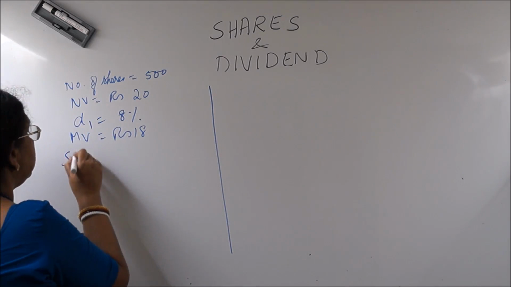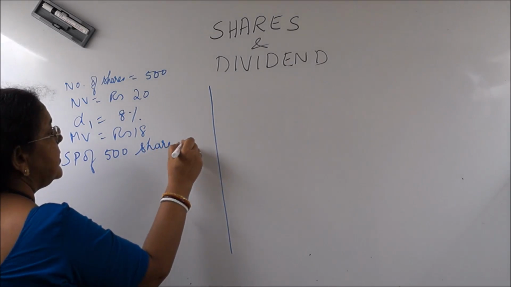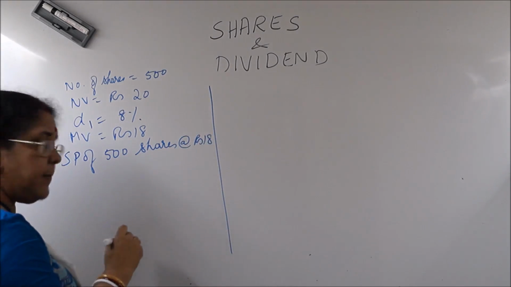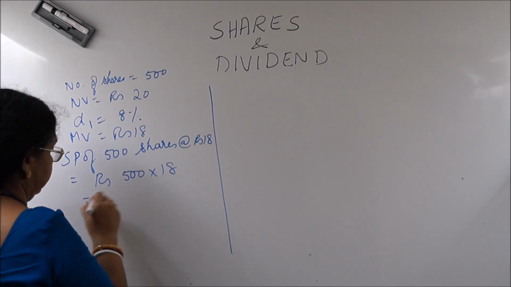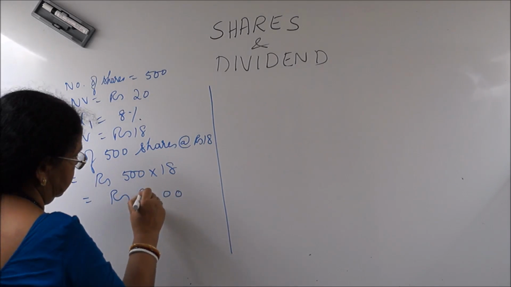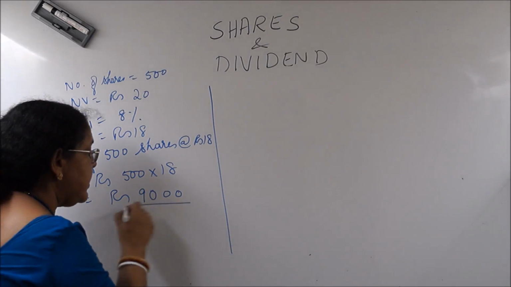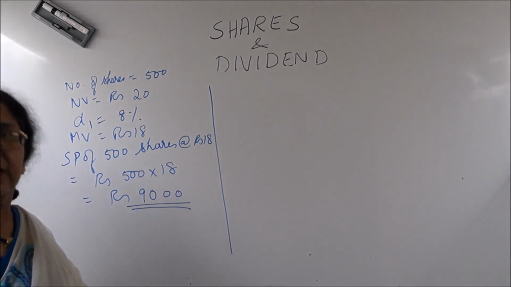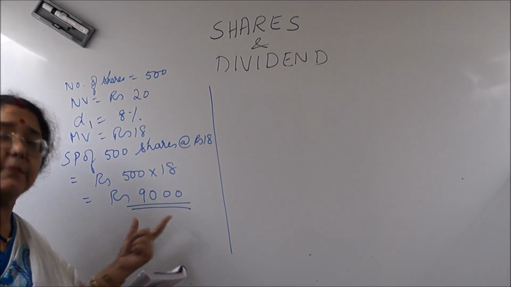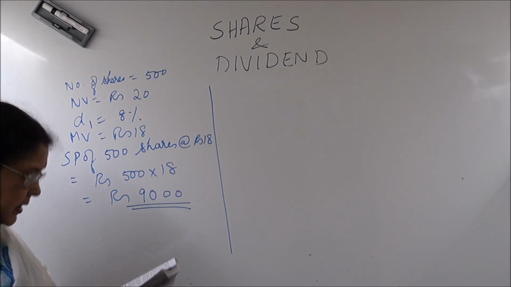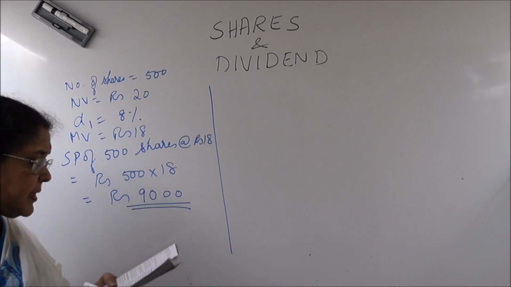So let us first find out the selling price of 500 shares at the rate of rupees 18. So that is equal to rupees 500 into 18. Okay, so this is the money that he earns by selling the shares. This is nothing but what we refer to as sale proceeds. Now this money he invests in rupees 10 shares.